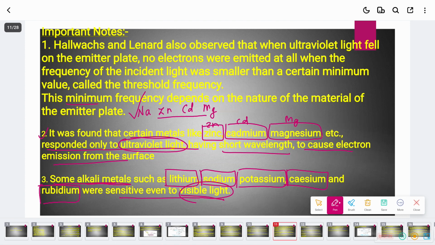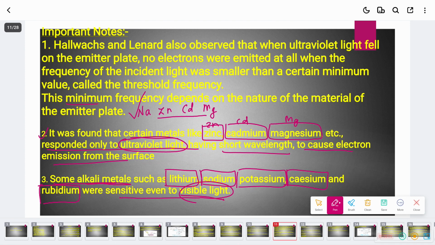Sit down. Now, Mohsin, stand up. Tell some metals which are sensitive to visible light. Potassium, sodium, lithium. Say next. Any other? Cesium, rubidium. Ruby also is there. Rubidium is sensitive to visible light.